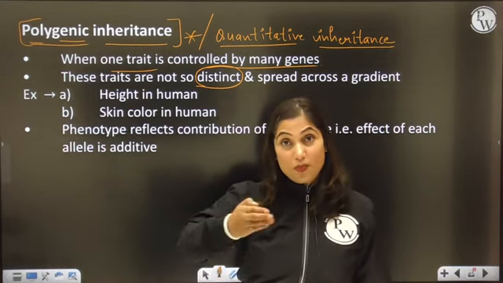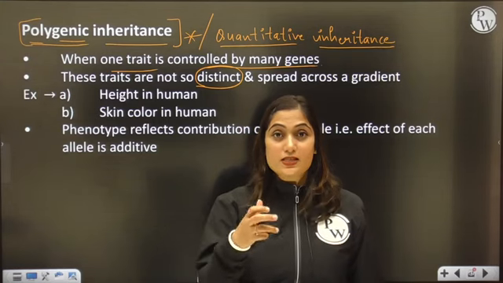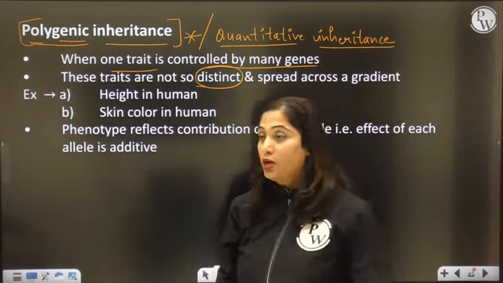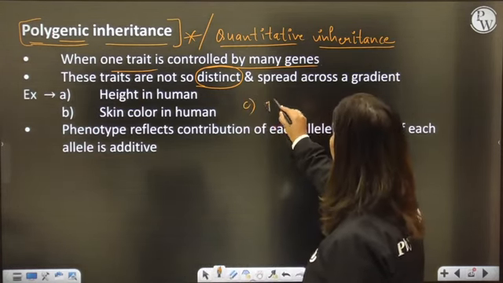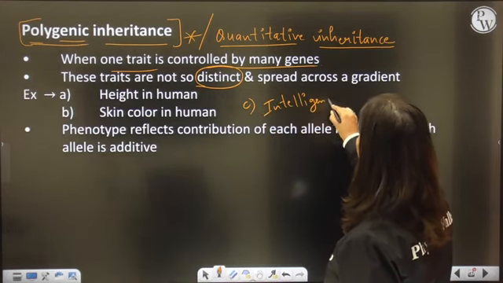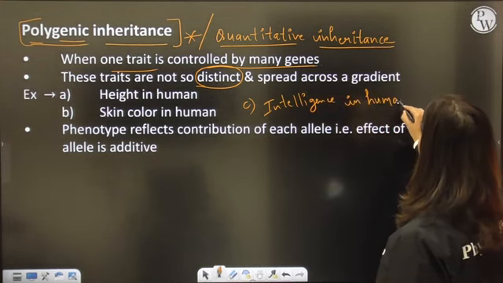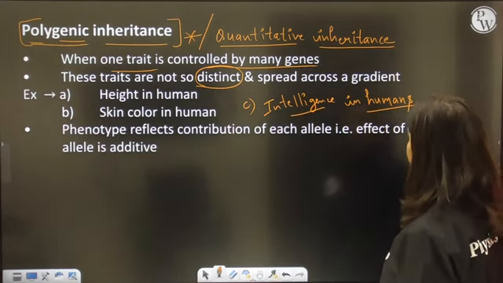No, there are so many varieties. So polygenic inheritance is seen where the traits are present in a gradient. So height in humans, skin color in humans, or intelligence in humans are examples of polygenic inheritance.